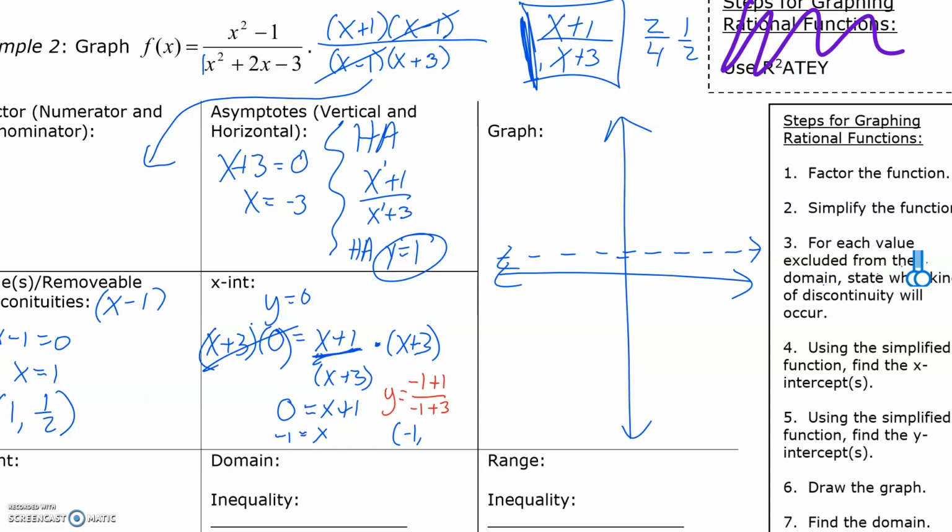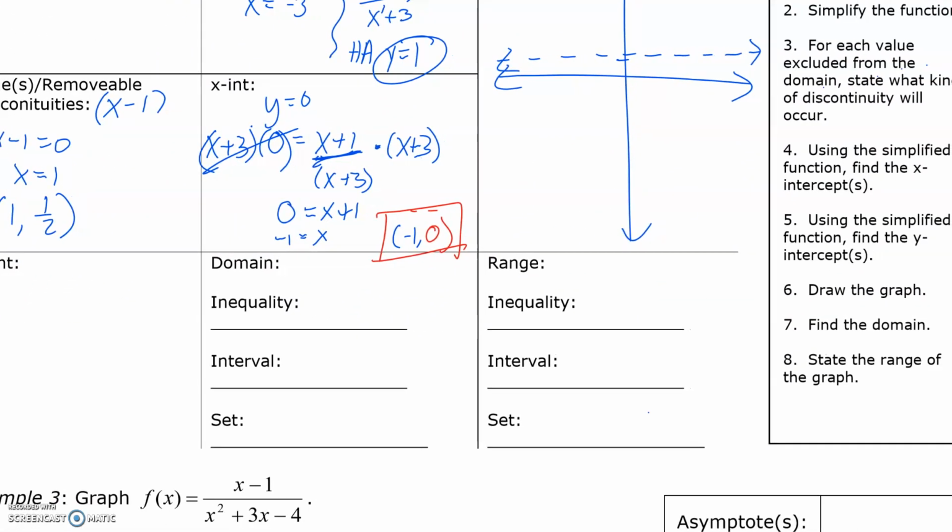In the numerator, that just becomes 0. We don't have to do that step because we already know that y is 0. So that would be our point for the x-intercept.